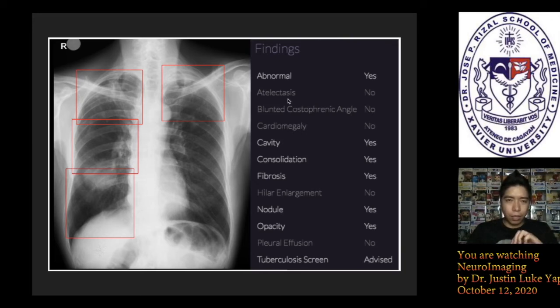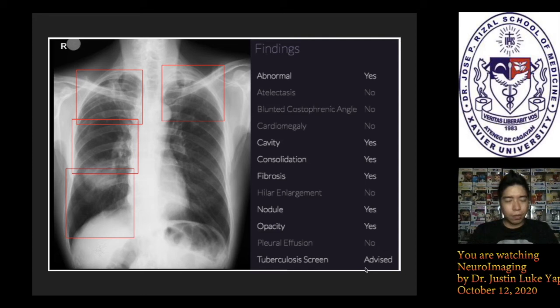In this case, on the image on your left, you can see that the AI software is able to identify which regions of the lung have the pathology. The upper lobes, and you also have this consolidation in the right mid to lower lung. So it enumerates the findings. Then after enumerating which of these findings are seen in our radiograph, it will advise if tuberculosis screening is warranted for this case.